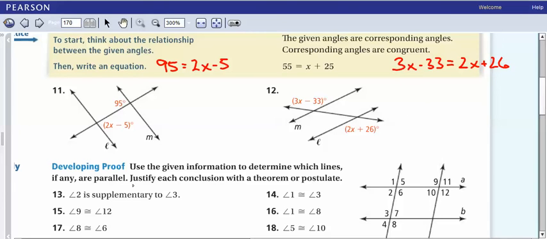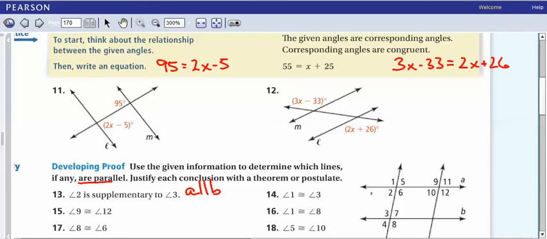Down here, use the given information to determine which lines are parallel. Justify. If angle 2 is supplementary to angle 3, if 2 and 3 add up to 180, what do you know? Okay. What else do you know? Which lines are parallel? A is parallel to B. Your justification would be same side interior angles theorem.